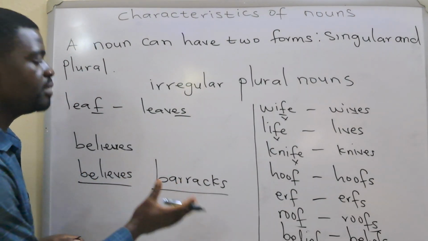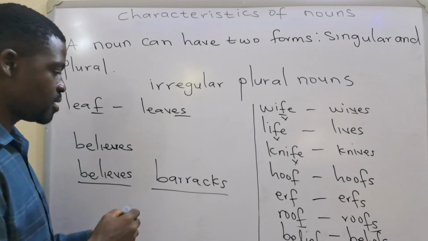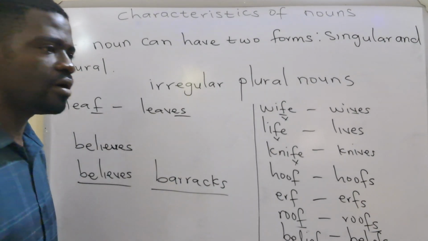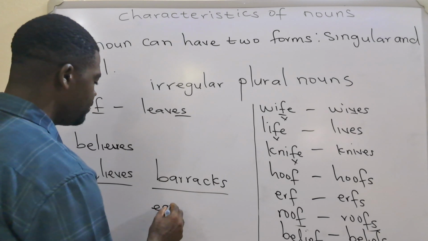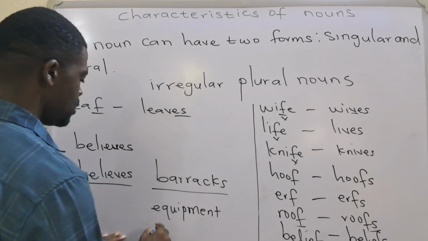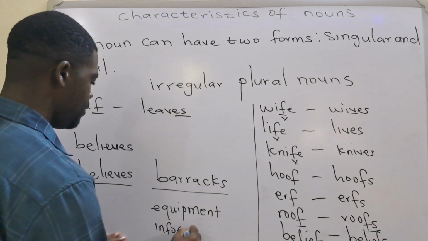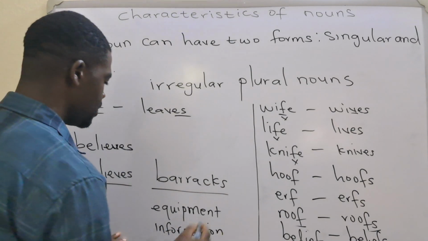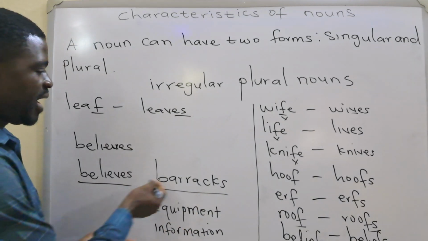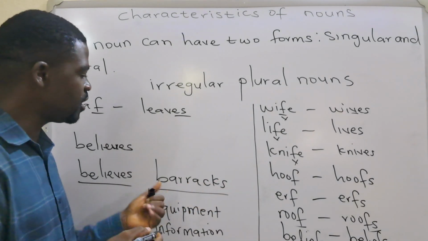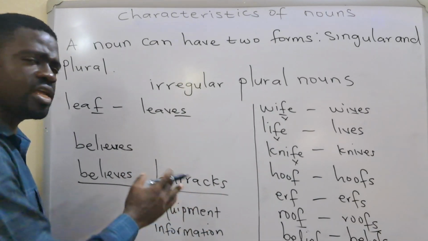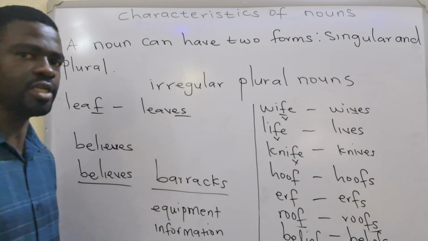And there are other nouns like this that only occur in plural forms. And then there are others that only occur in singular form. For example, you have equipment, information. Information is always information, equipment is always equipment, then barracks is always barracks. There's no singular, there's no plural, it's always like this. And then information also doesn't change its form to show you whether it's plural or singular.